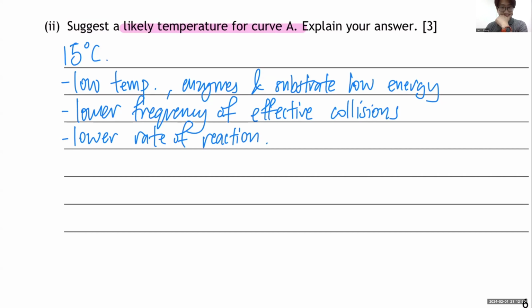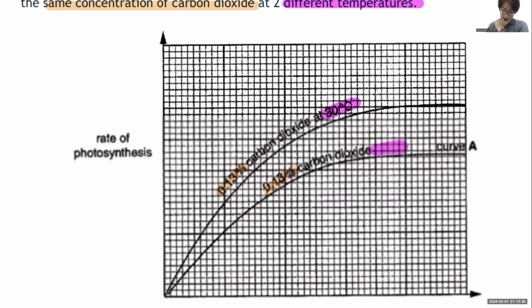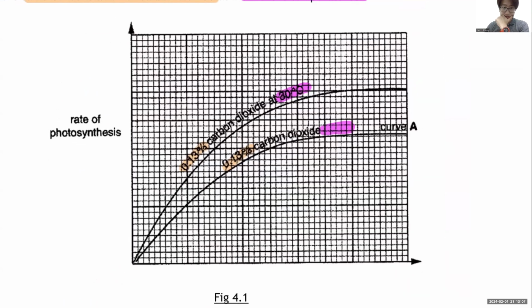Okay. Now, you realize there's something missing in the graph. What is missing in our graph?